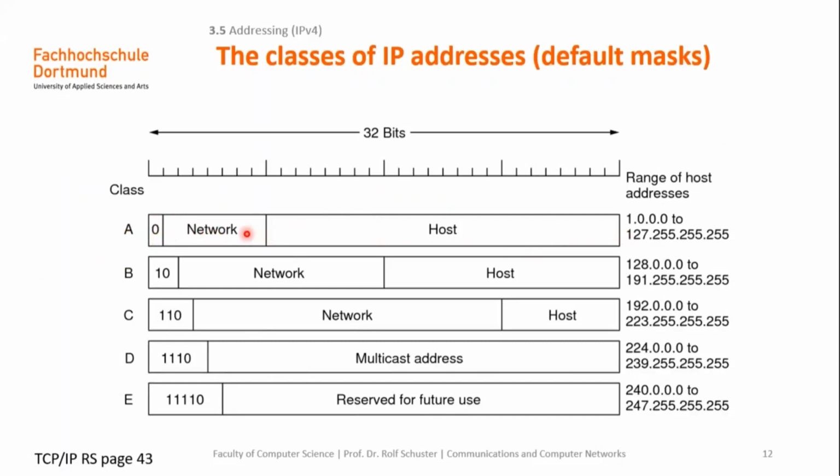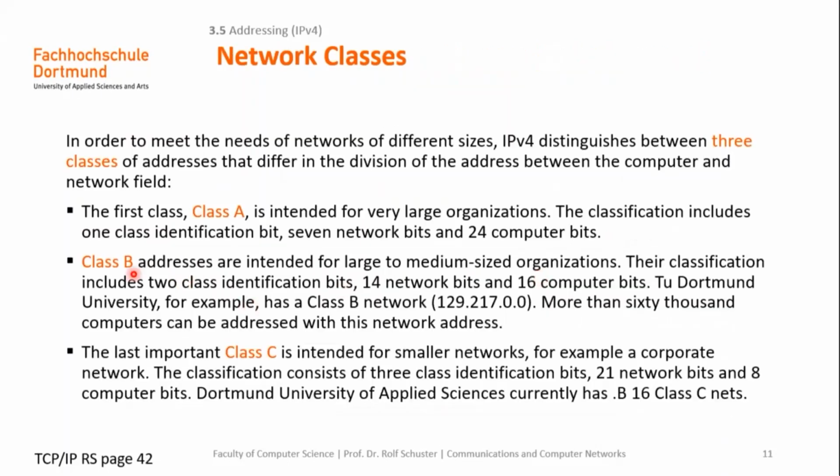In the case of class B networks, the two most significant bits are 1 and 0, and we use 14 bits to identify the network and 16 bits to identify the host. Class B addresses are intended for large to medium-sized organizations.